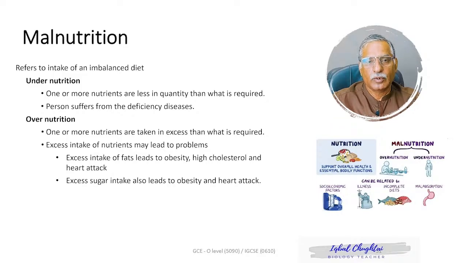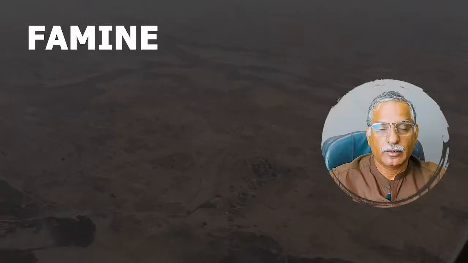So we all need to have a balanced diet, and we all need to check what our energy requirements of the day are, and accordingly we must set our dietary chart. But in certain parts of the world, people do not find proper food. Forget about the balanced diet. They find it very hard to meet their daily energy requirements. This is what we call famine.